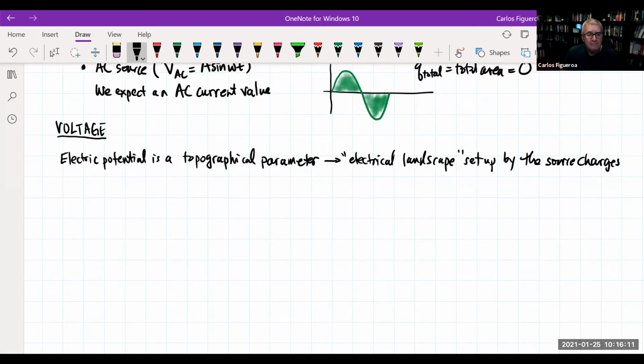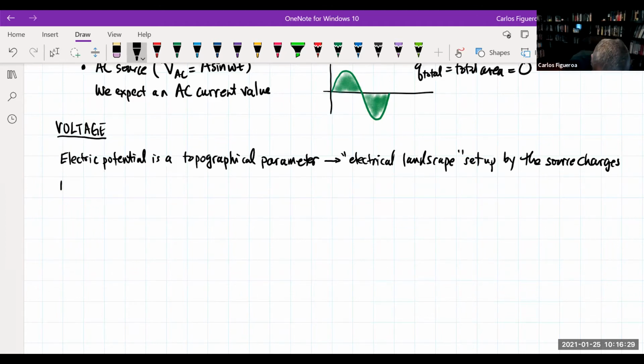So when I have a source charge, it actually creates a space in this electrical space. It creates mountains, it creates valleys, it creates hills and stuff like that.